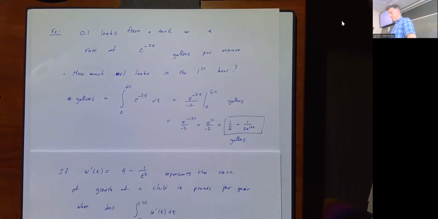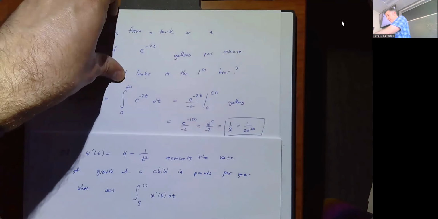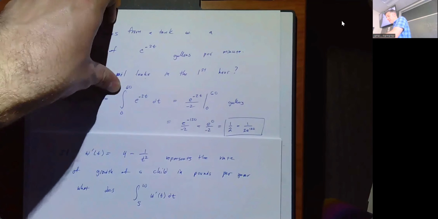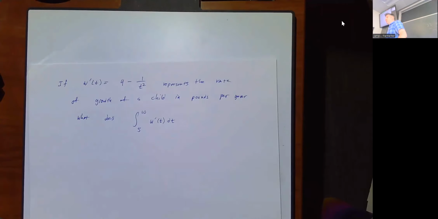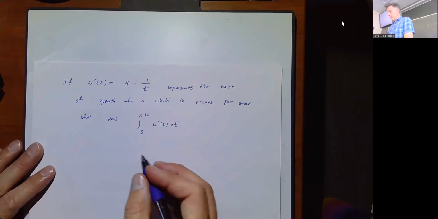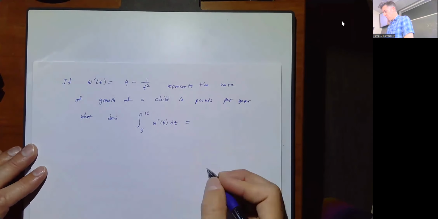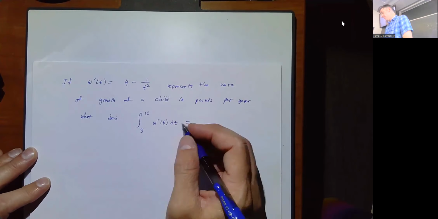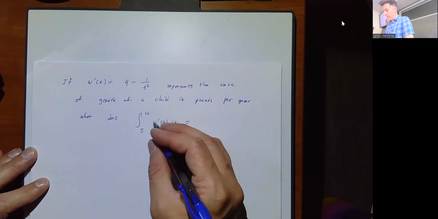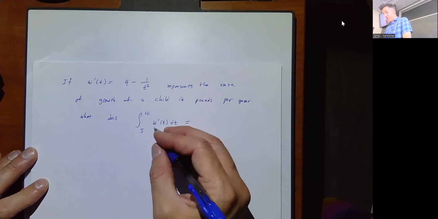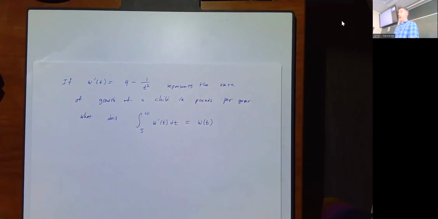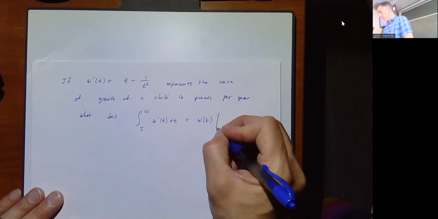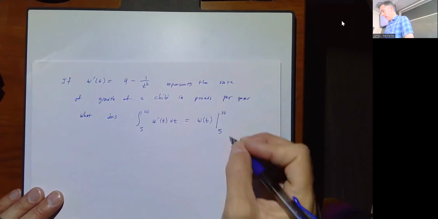Well, W prime is measured in pounds per year. If we integrate from year 5 to year 10, we're going to get the weight. But it's actually the change in weight. So if we integrate this, I'm going to write this long way first. The antiderivative of the derivative is just the function that you would have started with, from year 5 to year 10.